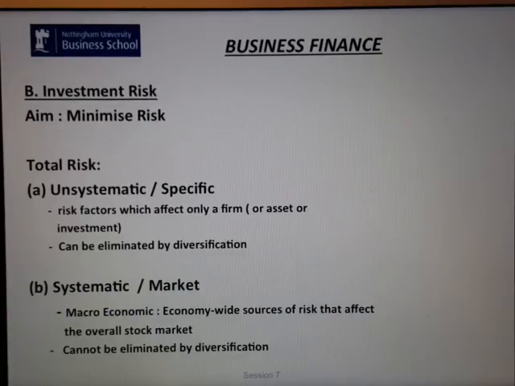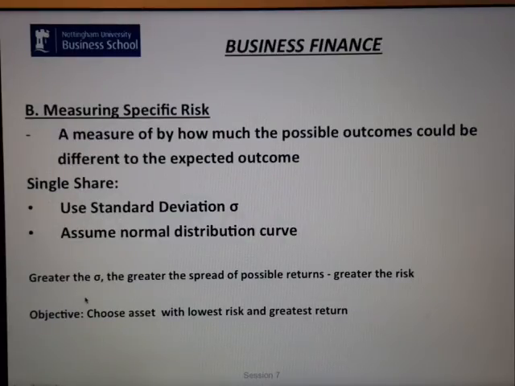So for those areas that we can't diversify, it would be within the interest of finance to actually measure them. One way to measure specific risks is to look at possible outcomes that could be different to the expected outcome.